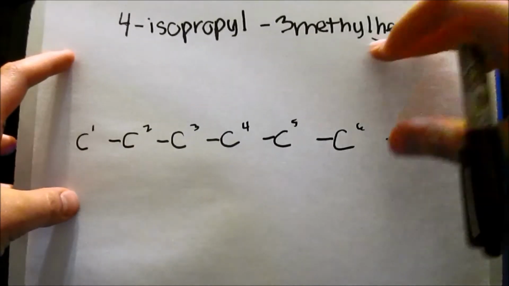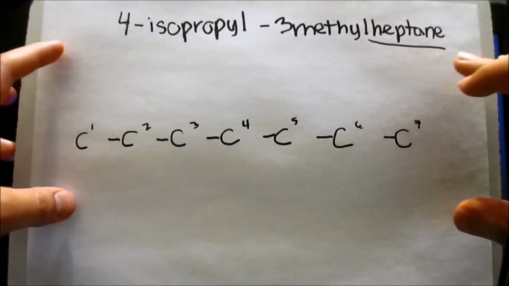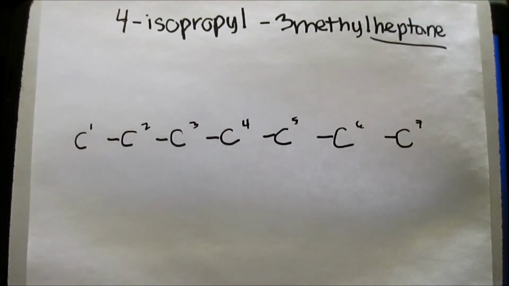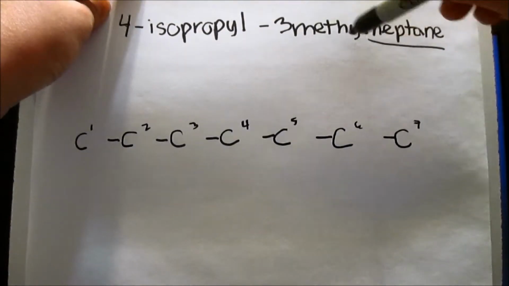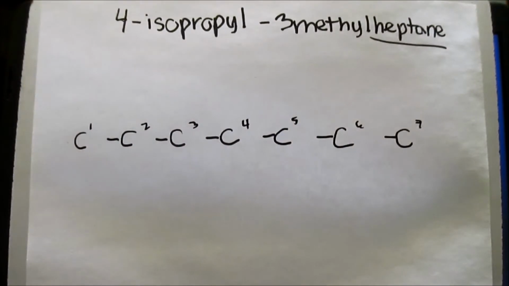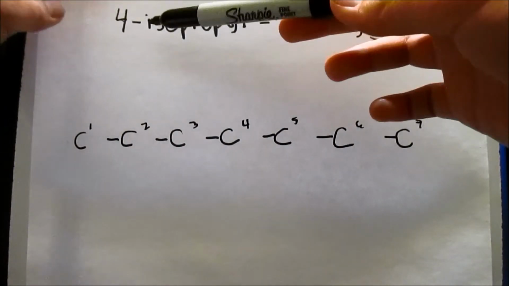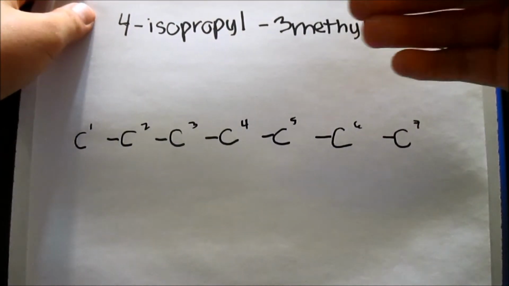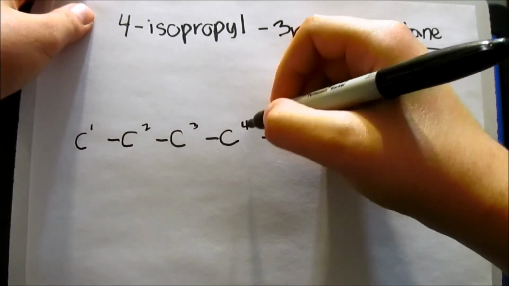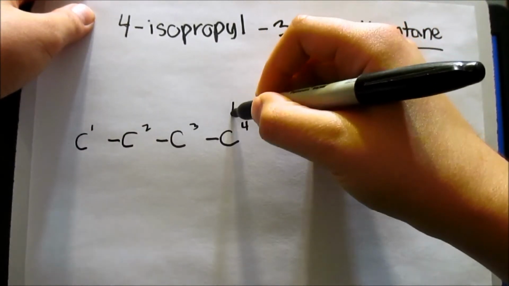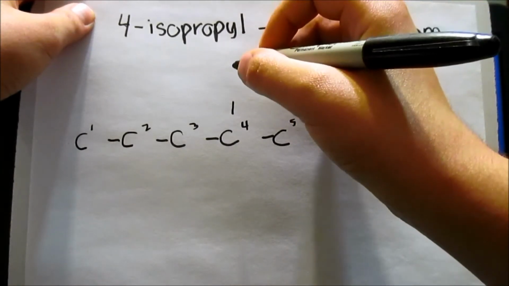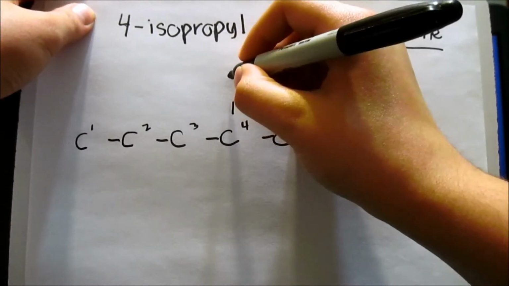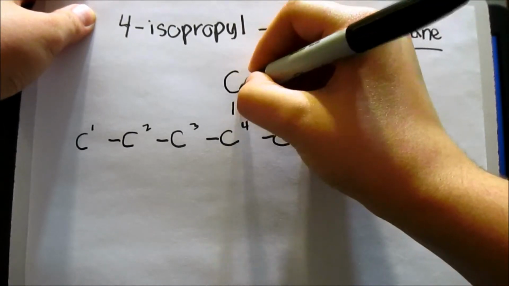Okay. Next, see what each carbon has. Okay, so we have methyl and isopropyl. Let's start first with isopropyl. Okay, so we have in carbon number 4 one isopropyl, and remember that isopropyl has 3 carbons here.